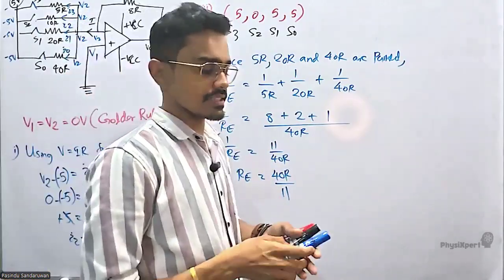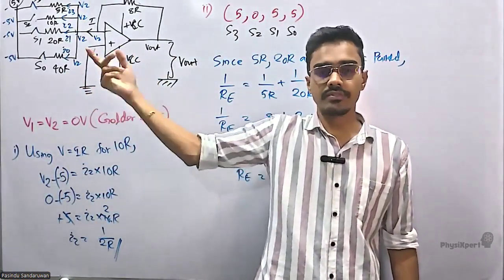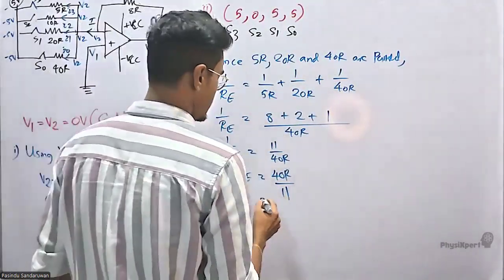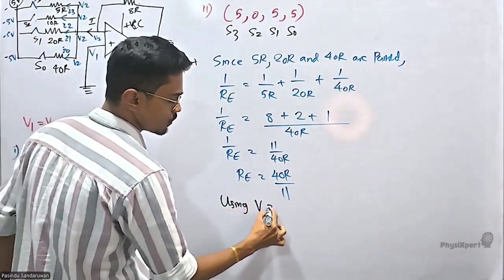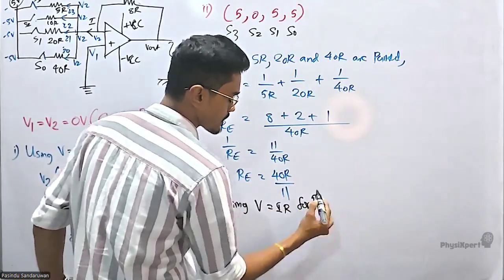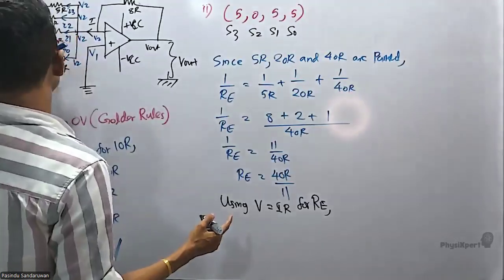If the equivalent resistance is known, now considering that equivalent resistor, we can use V equals IR for RE. Right? V is again V2 minus 5.